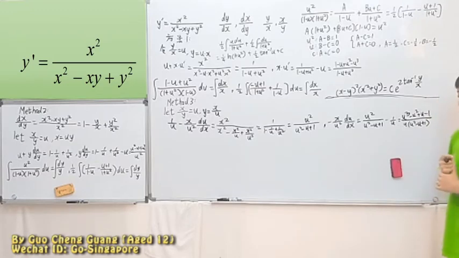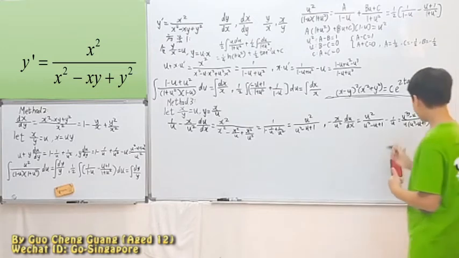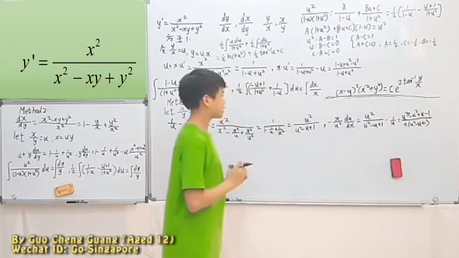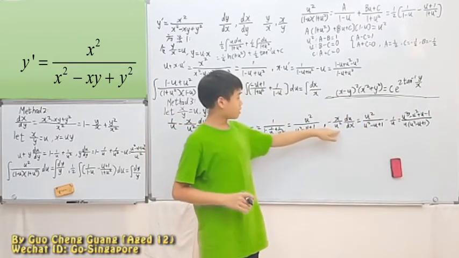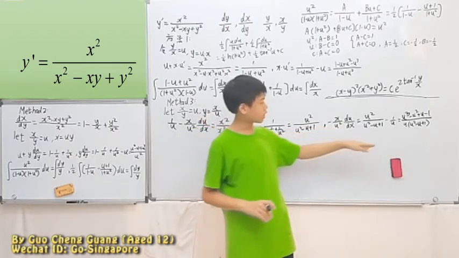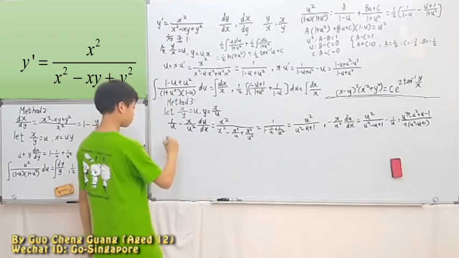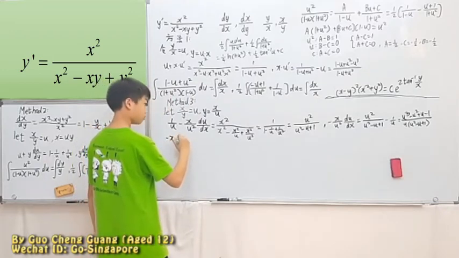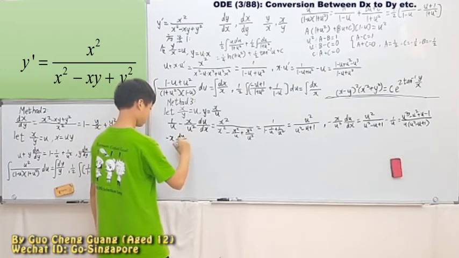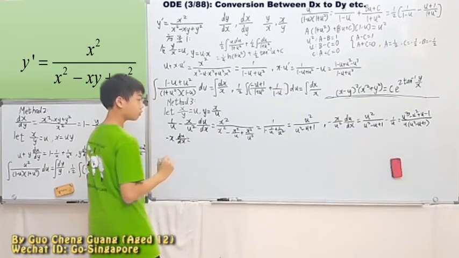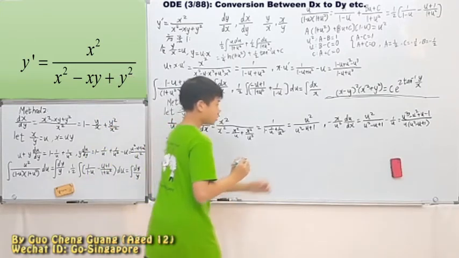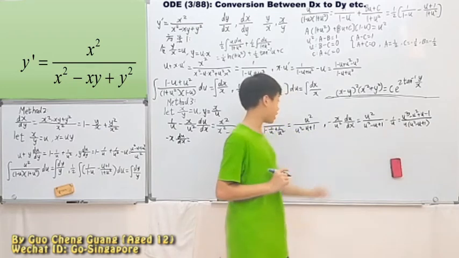I think like this. Okay, then from this part you already get something like that. And then this u squared, you have to times it to the other side. So one of these u's will simplify.